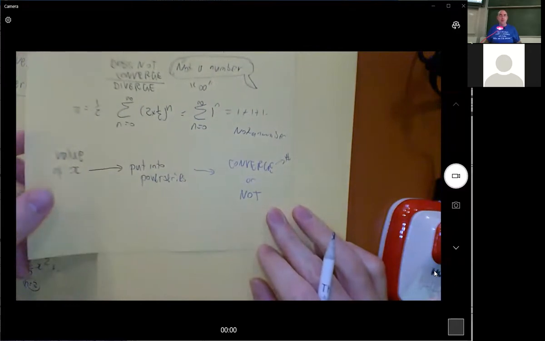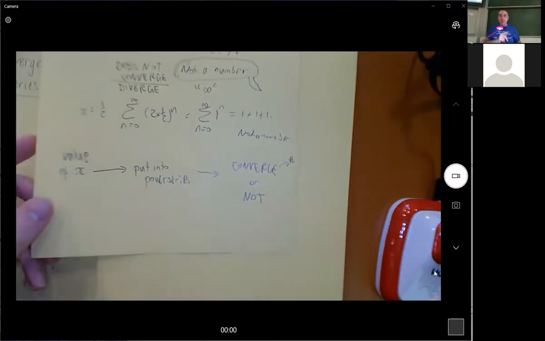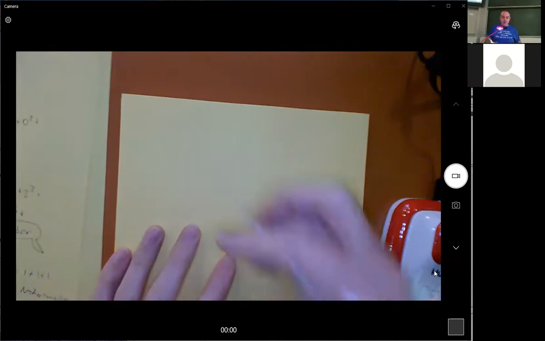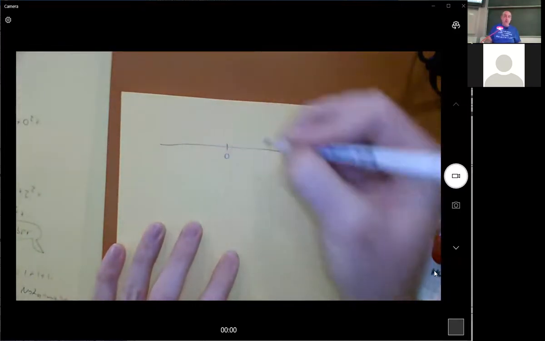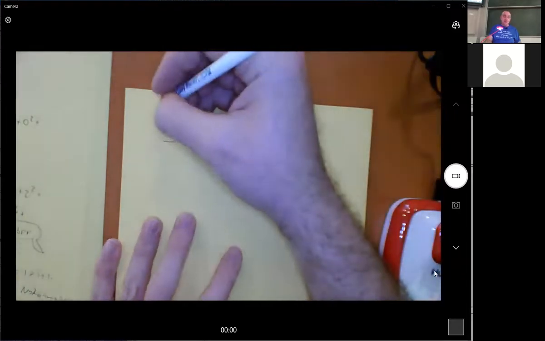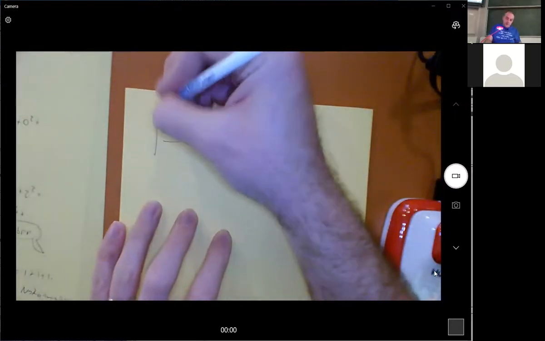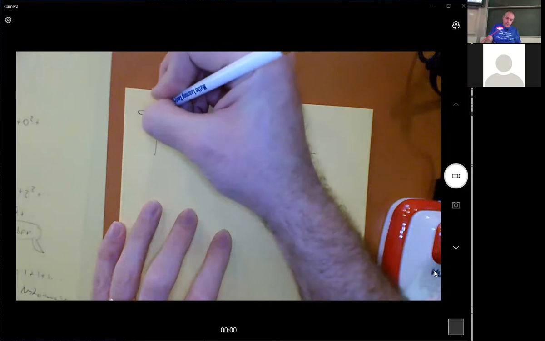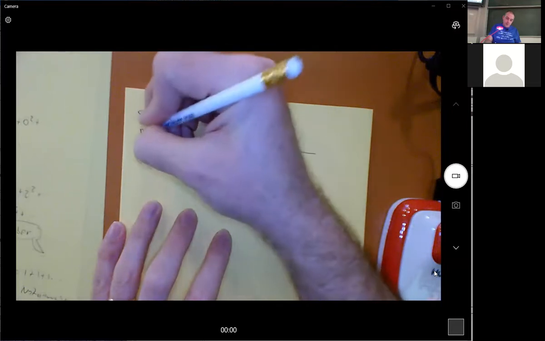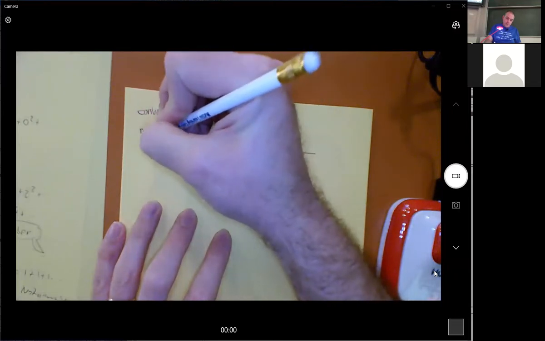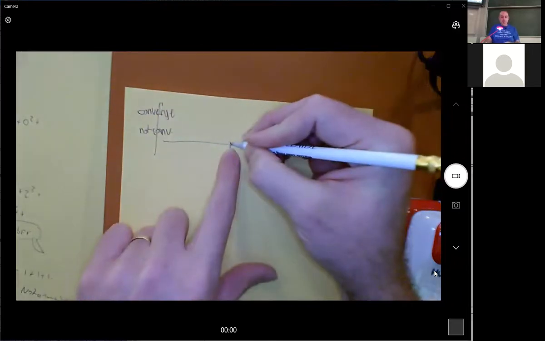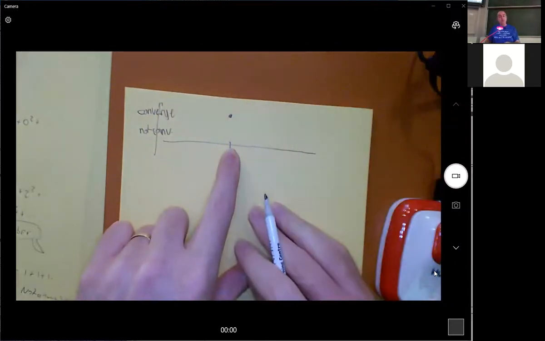All right. So just so I've got this absolutely clear, for this example here, when x is 0, the answer is converge.